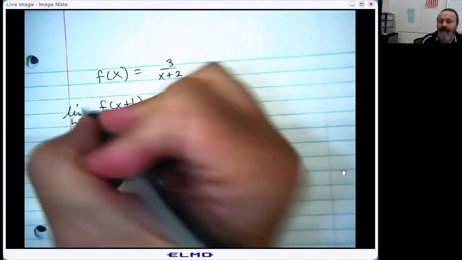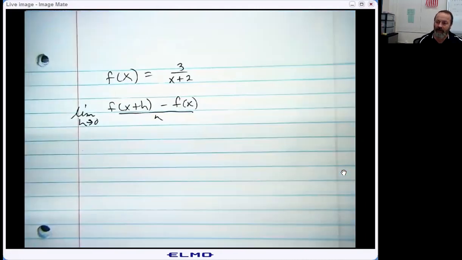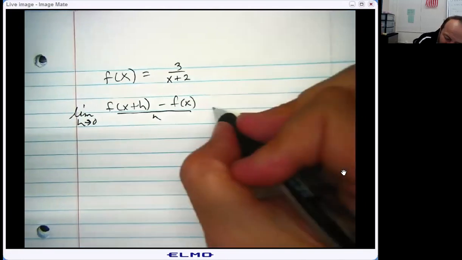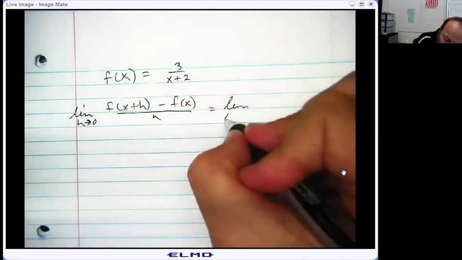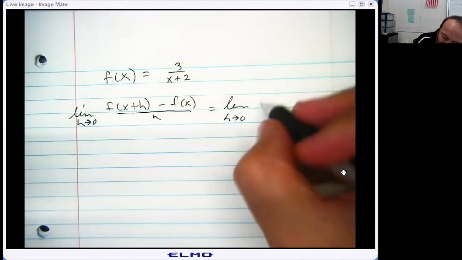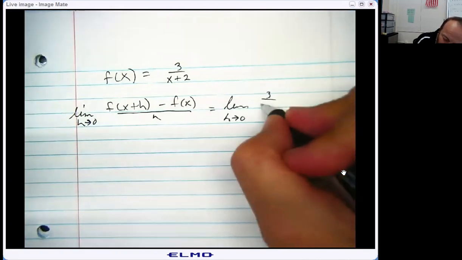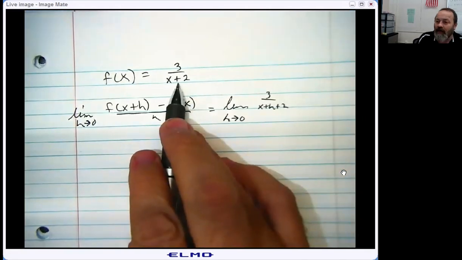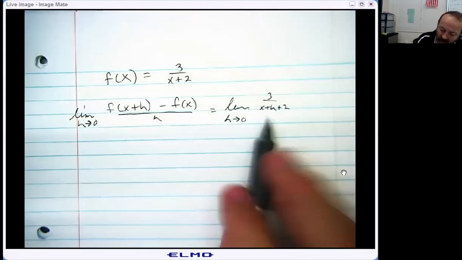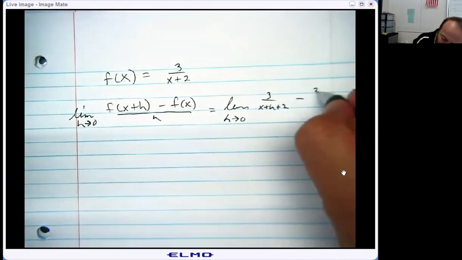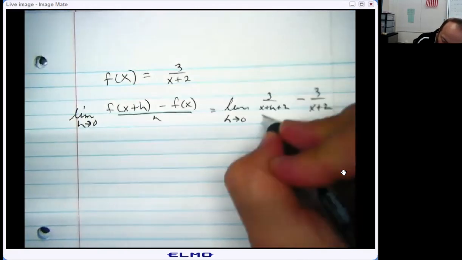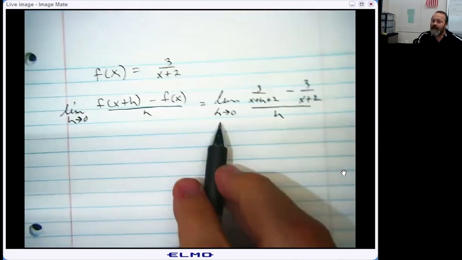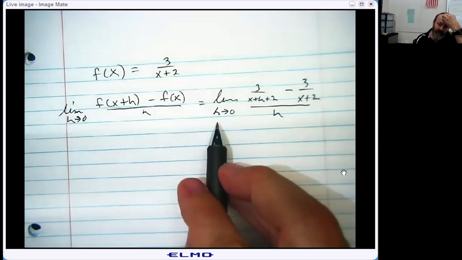Now, you're supposed to have the limit as h goes to 0, but sometimes we just do that work without the limit sitting in front because we would actually like to do that in stages and do AROC first, but it's all right. We're going to go ahead and do 3 over x plus h plus 2, because notice I took f of x and I replaced the x with x plus h, minus f of x itself all over h, keeping in mind I'm going all the way, the whole thing with the limit as h goes to 0.